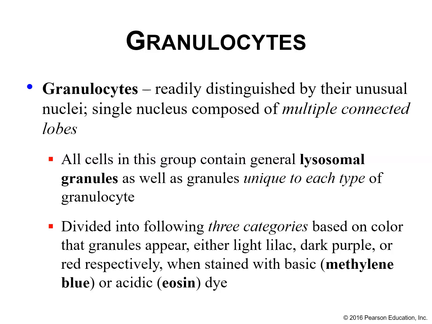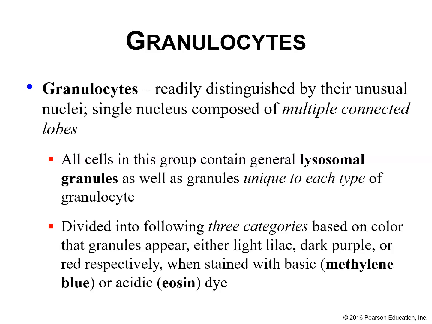So the granules will divide into three categories according to what color the granules appear once they are stained. They can either stain a light lilac color, which is what you're going to see with the neutrophils, a dark purple, that's what you'll see with the basophils, a second type of granulocyte, or a bright red, which is what we'll see with the eosinophils.